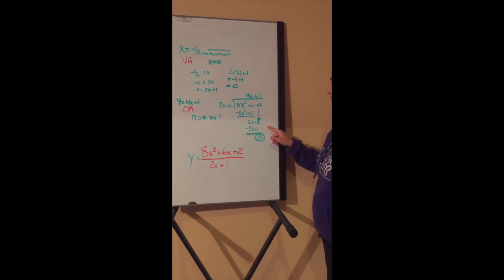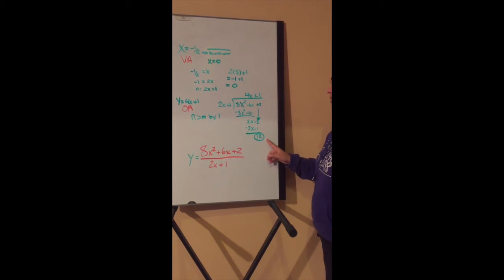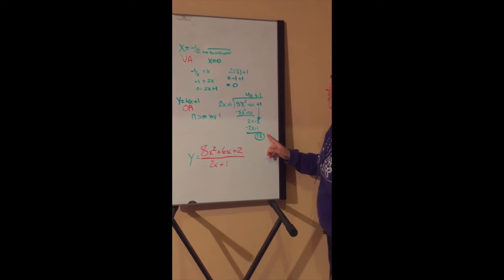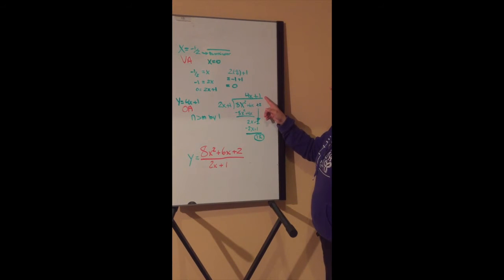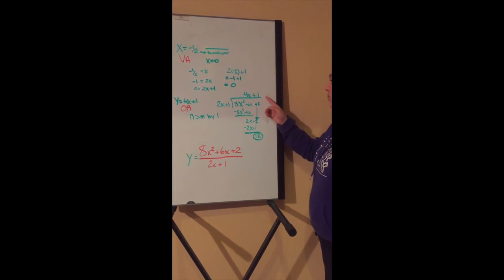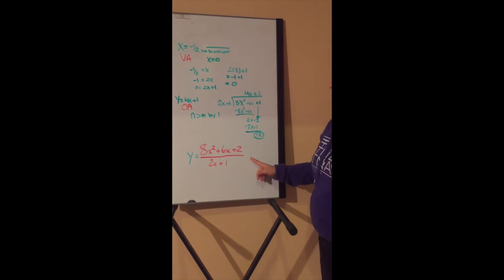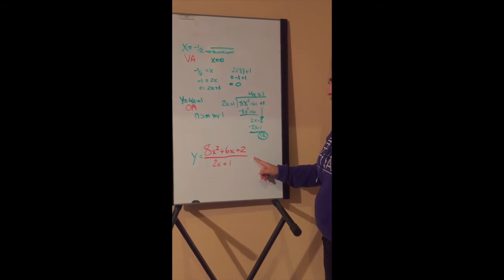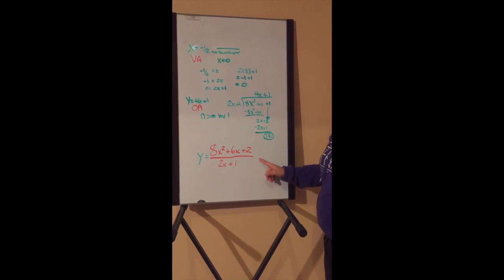So then we multiplied again. But we knew that there had to be a remainder, because if there wasn't, this would be a factor of our equation, and it would create a hole, not an oblique asymptote. So we put a 2 in here, which gave us a remainder of 1, so this would work as an oblique asymptote of our equation. So the final equation is 8x squared plus 6x plus 2 over 2x plus 1.